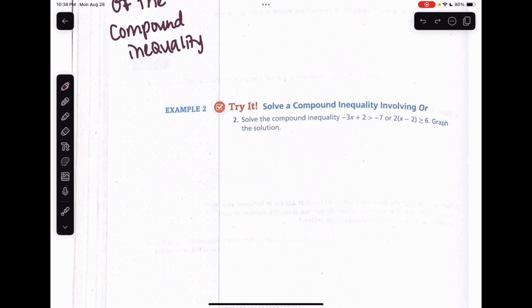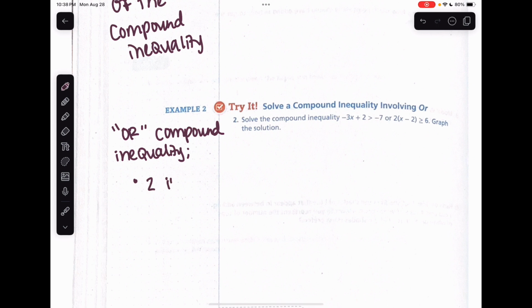With an or compound inequality, I'll have two inequalities, and they'll be shaded in different directions.